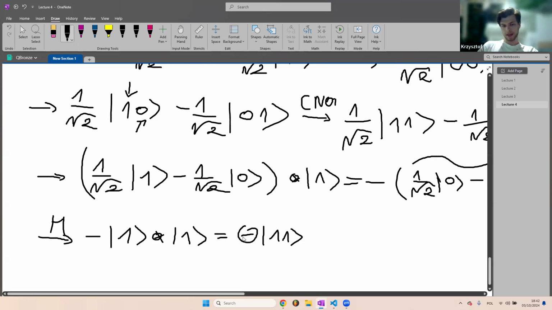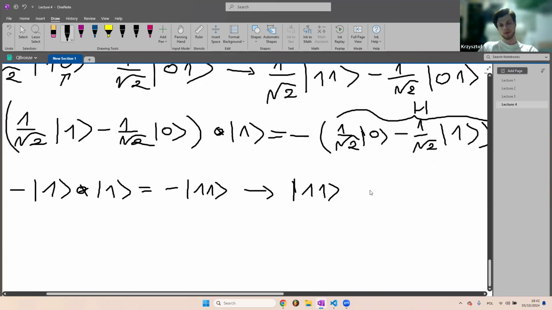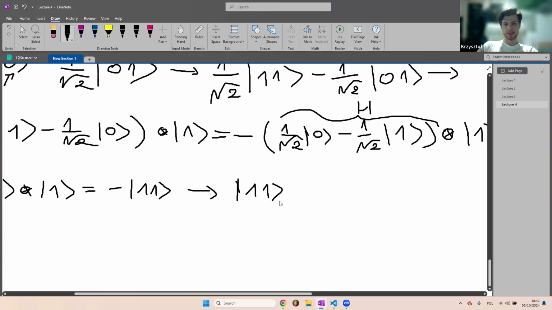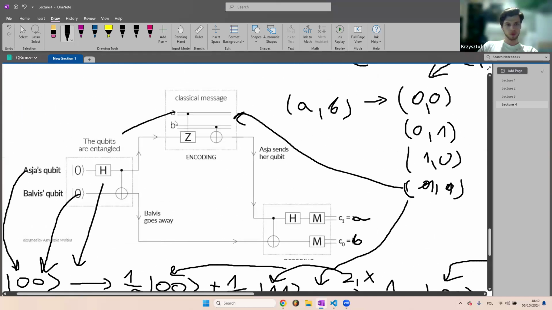Here we have a phase, but in fact, in the measurement, what we would measure are bits 1, 1. As we talked about yesterday, the global phase in the measurement gets lost. So what we're left with is the state 1, 1, and this is exactly the information Alice wanted to send to Bob, but she did it by sending only 1 qubit.